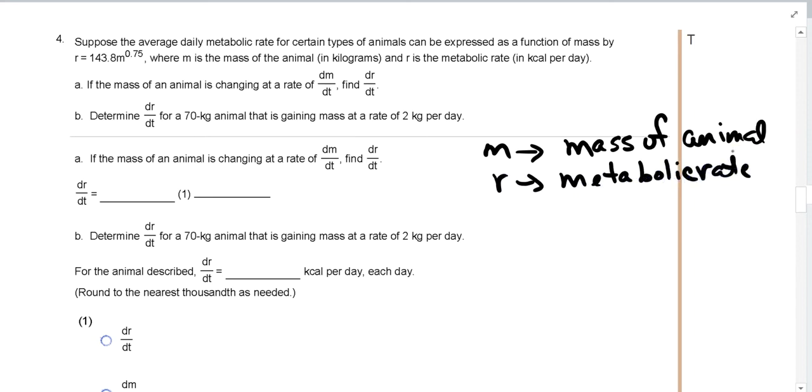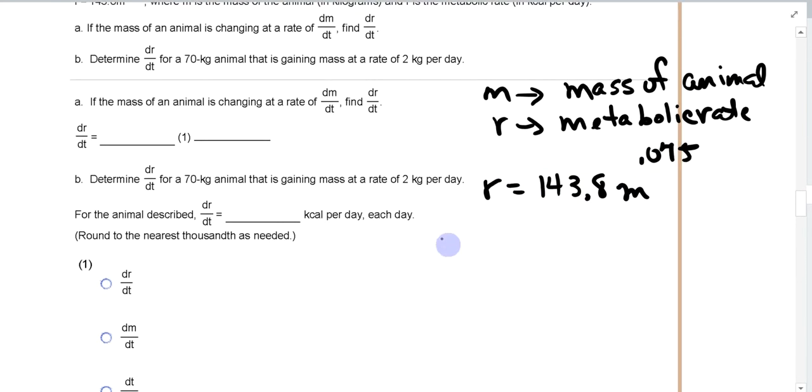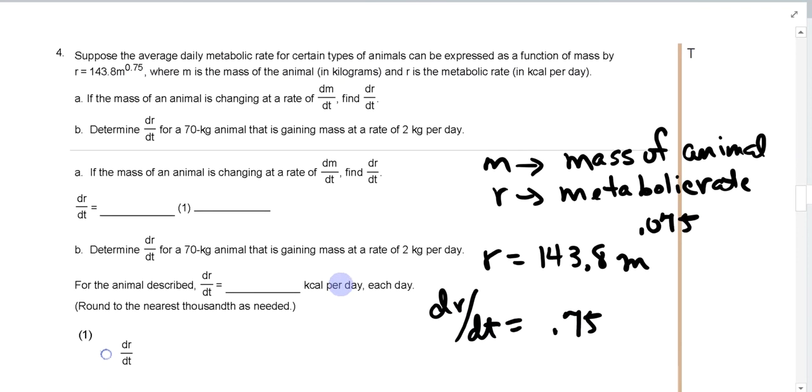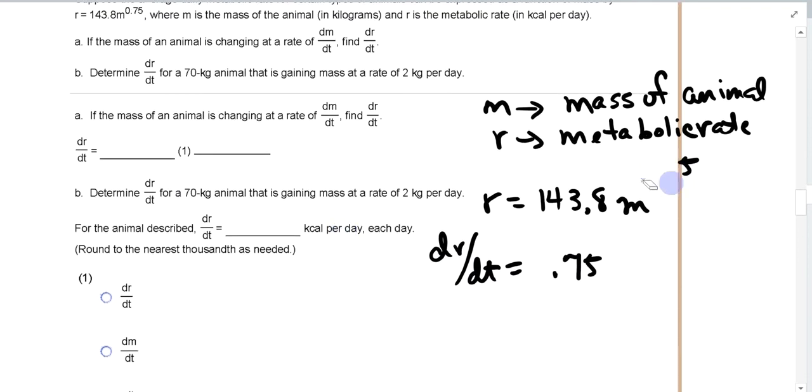All right, so we're given that R equals 143.8 m to the 0.075. Okay, that's what we're given. So let's take the derivative of that. That'll be dR/dt equals 0.75. And I think I put that 0 in the wrong place. That's 0.75.